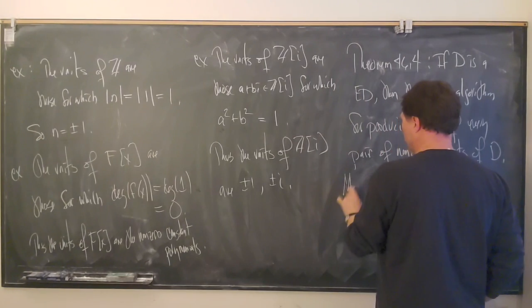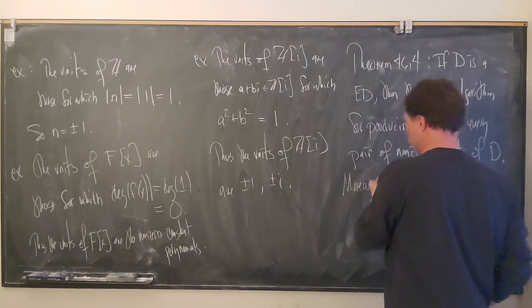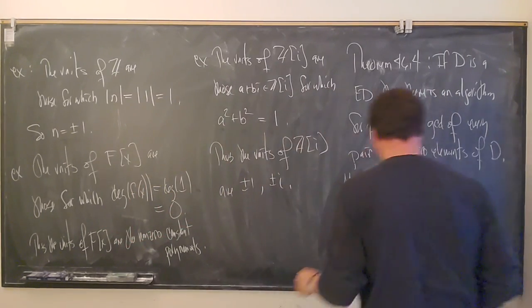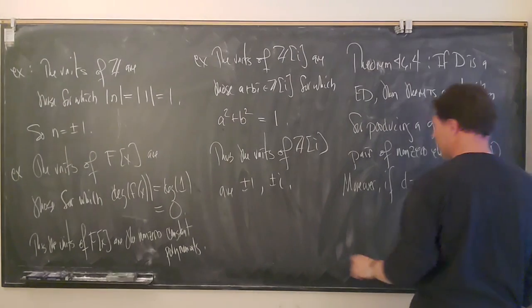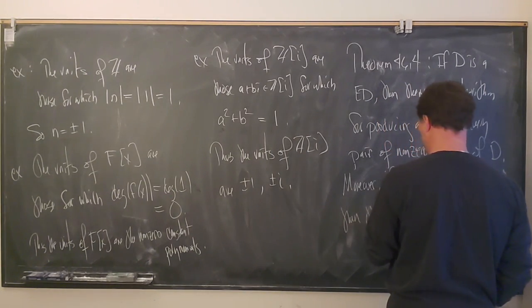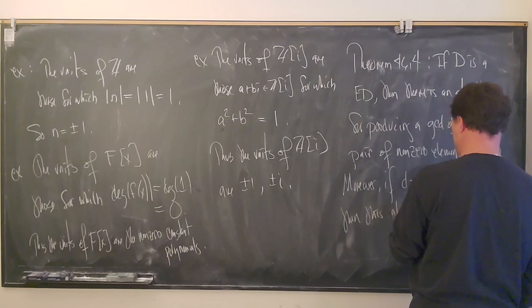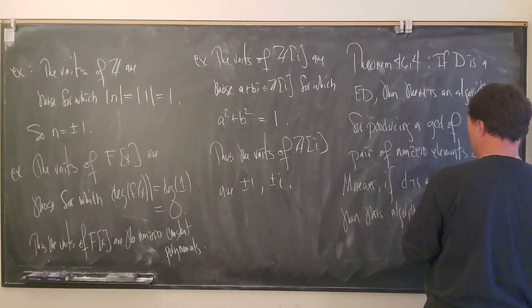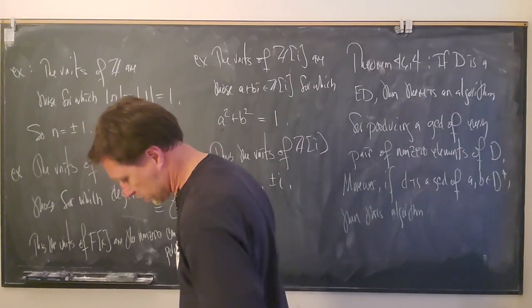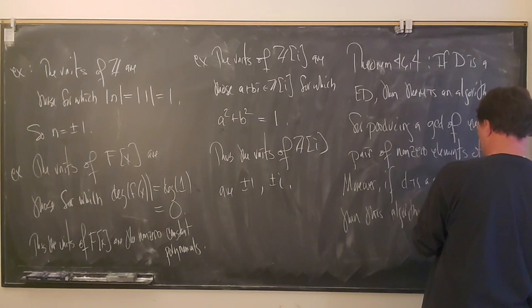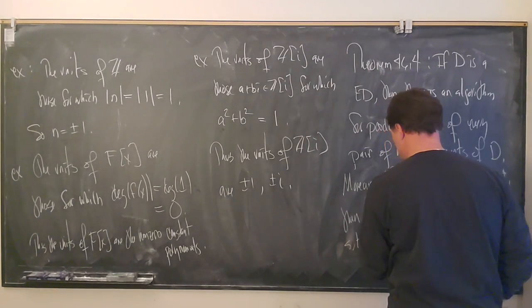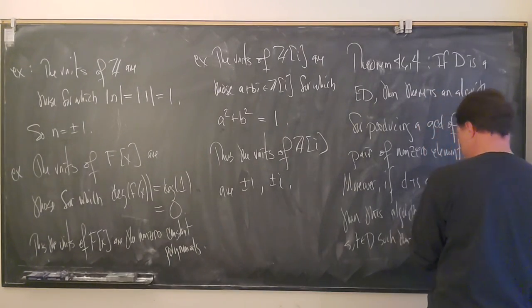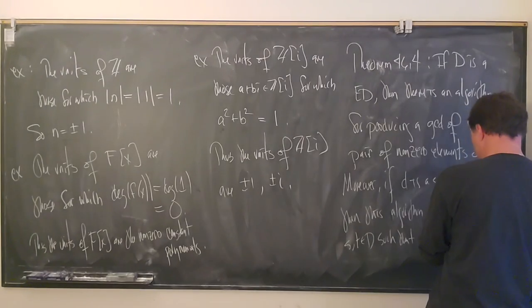And in fact, moreover, if d is a GCD of, let's say, a and b in D*, then this algorithm produces elements, say s and t in D, such that d is equal to as plus bt.